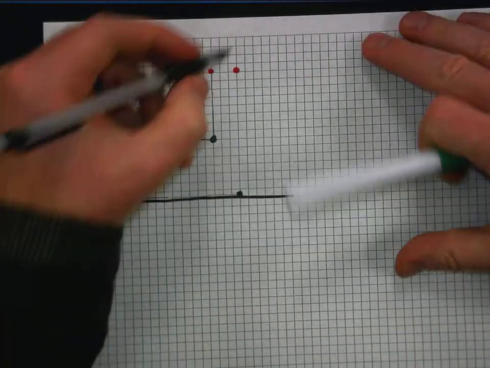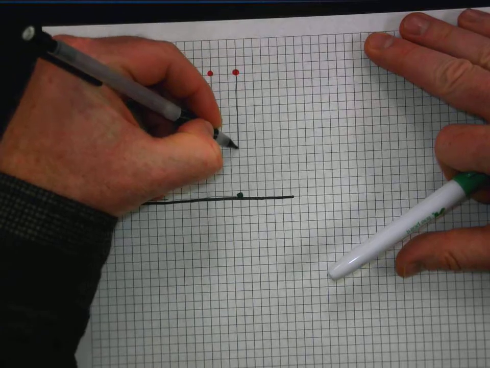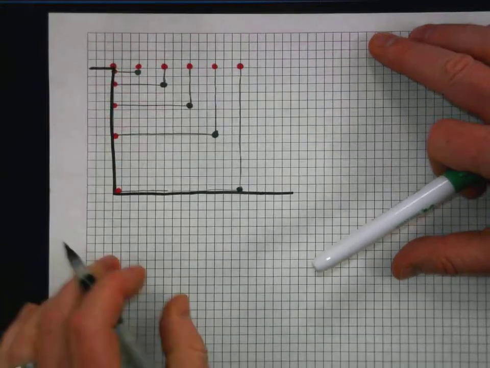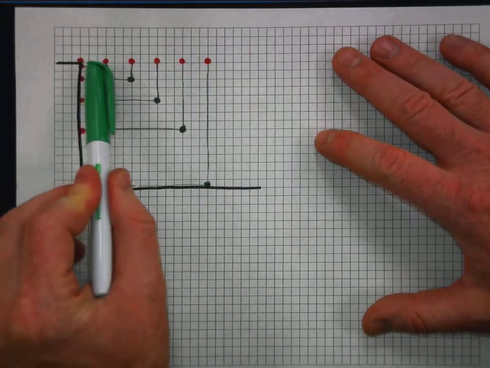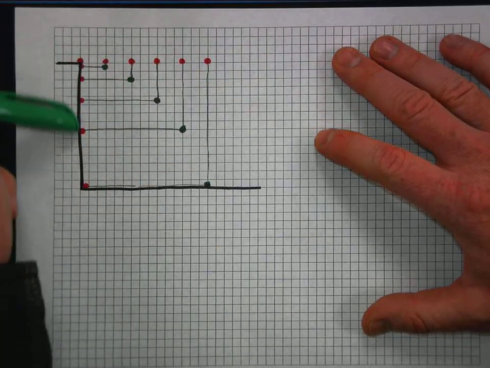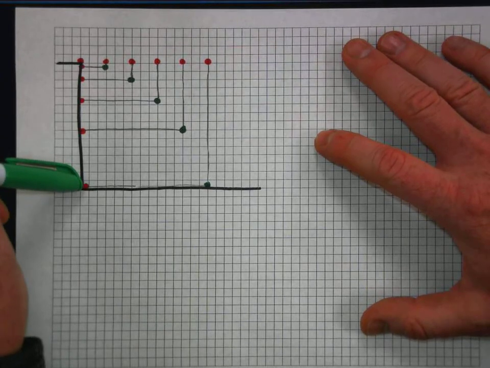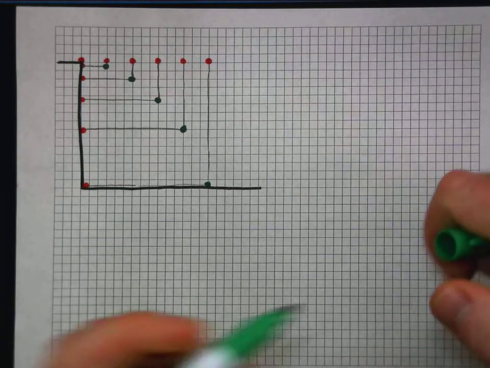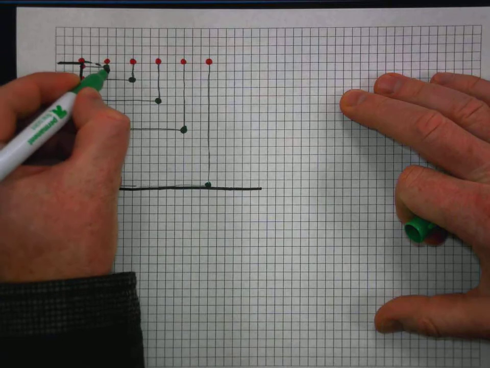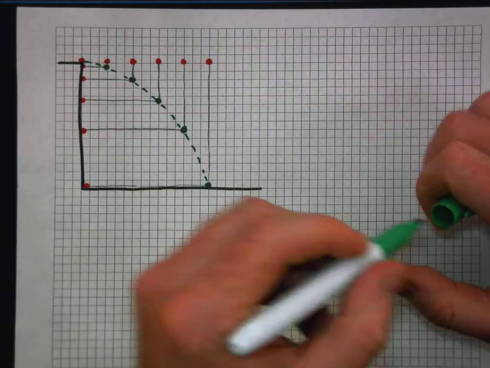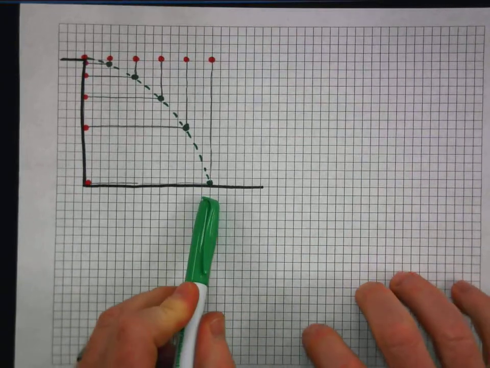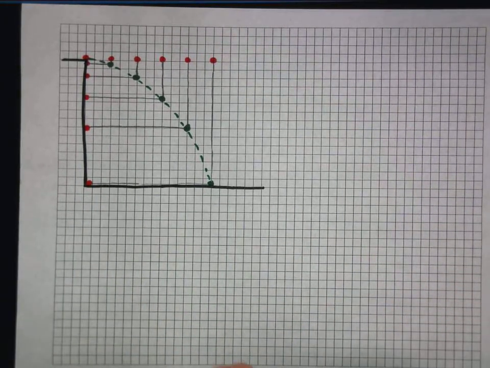So the interesting thing, the reason for doing this visually, is both the horizontal motion and the vertical motion are happening at the same time. And they combine to produce this curved pathway that the ball will follow. And eventually, yes, it's going to land some distance away from the cliff. It will have spent some amount of time in the air.